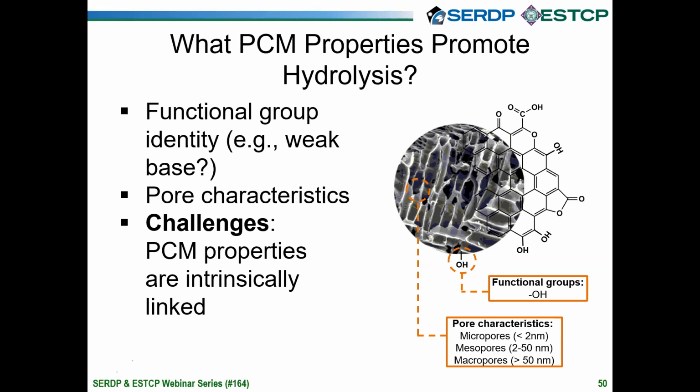PCM also has different pore characteristics, ranging from micropores, those below 2 nanometers, all the way to macropores, those above 50 nanometers. Recently, there has been a lot of attention on the micropores due to their ability to accelerate reactions by nanoconfinement. However, the challenge is that these properties in PCM are intrinsically linked, so it is very difficult to study them individually.